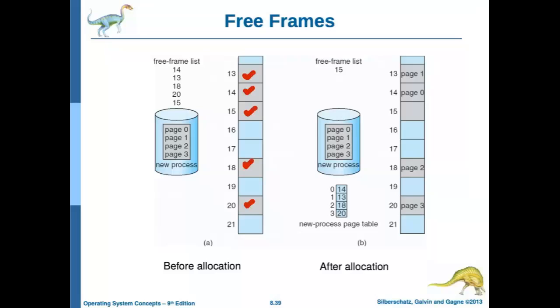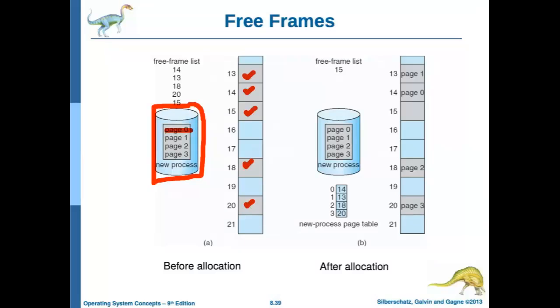If this is the new process whose demand is 4 pages, then from this free list, for page 0, the first free frame will be utilized.